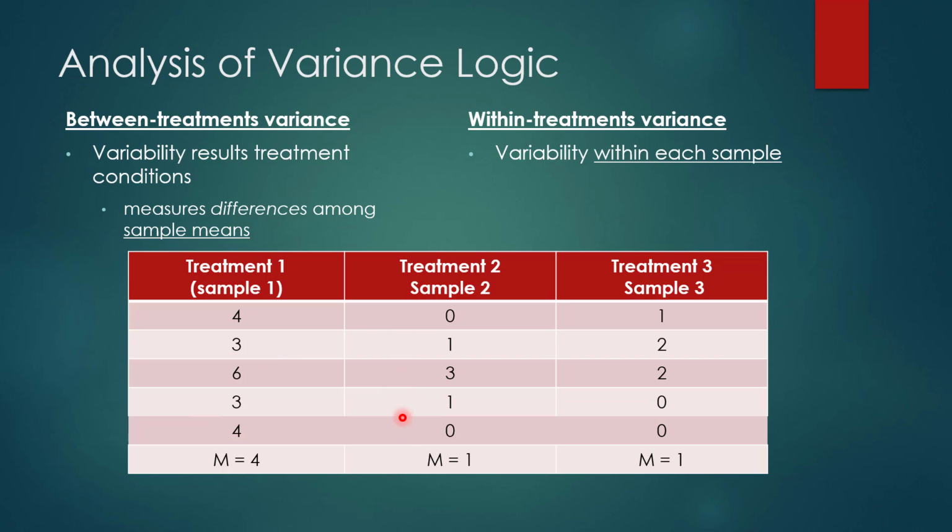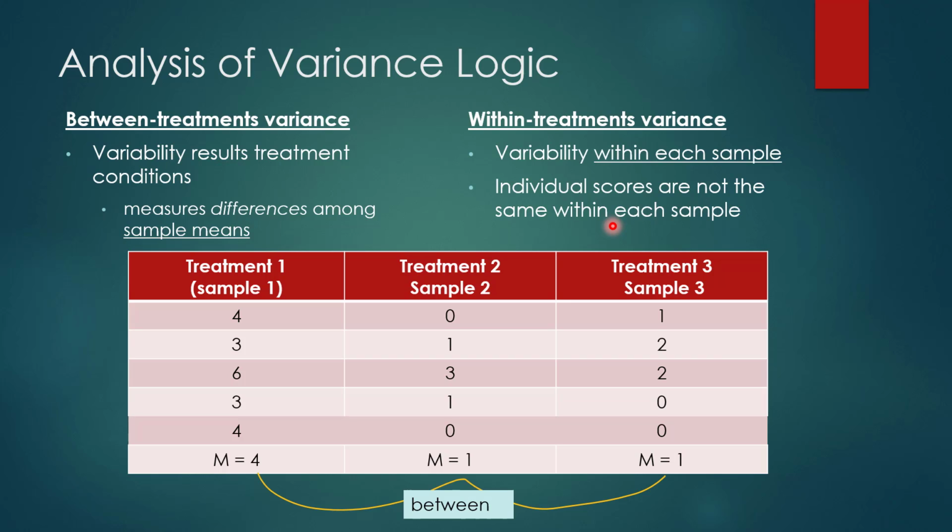In sample 2? And in sample 3? We know that individual scores aren't the same within each sample, so we want to know how much variation we have within that treatment. So the between treatments variance looks at the variance between the sample means, and the within treatment variance looks at the variability within each sample.